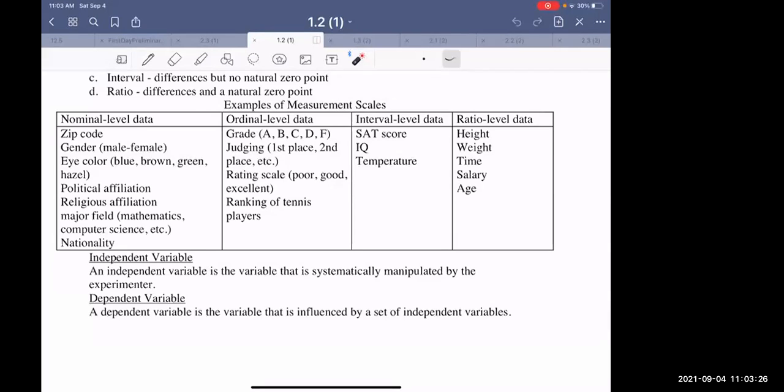How do they determine what your IQ score is? They do the following. To figure out your IQ score, they look at Caucasian males between the ages of 20 and 45, I believe, in North America. They look at the average score that this group of people did, and they make that equal to 100.